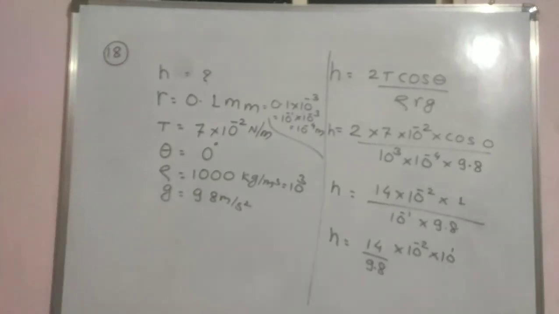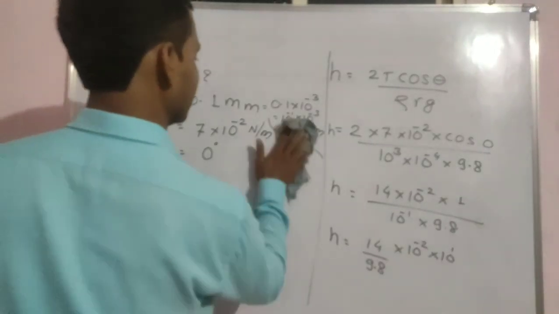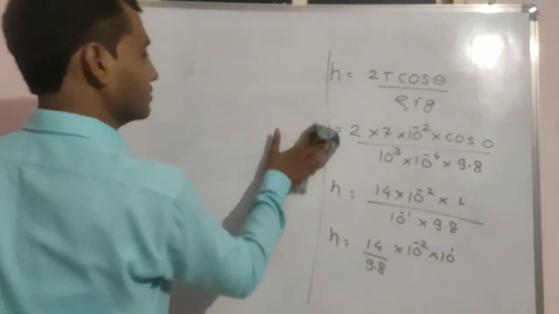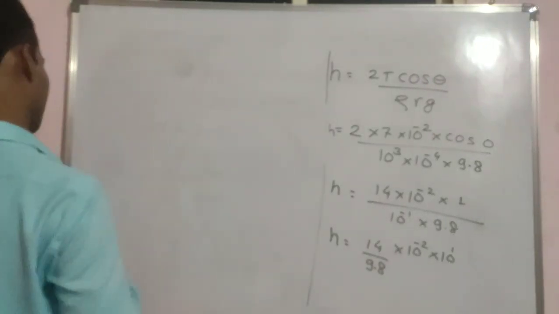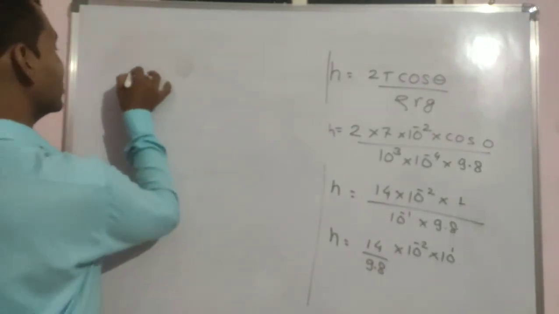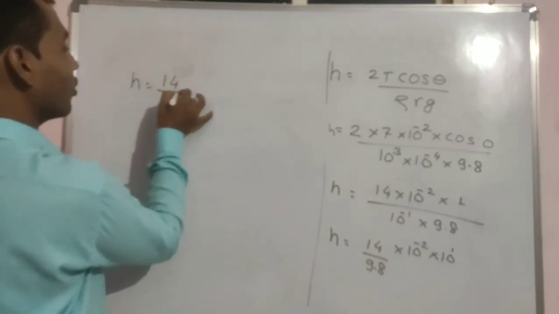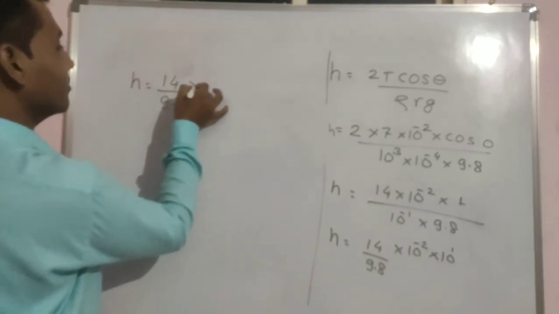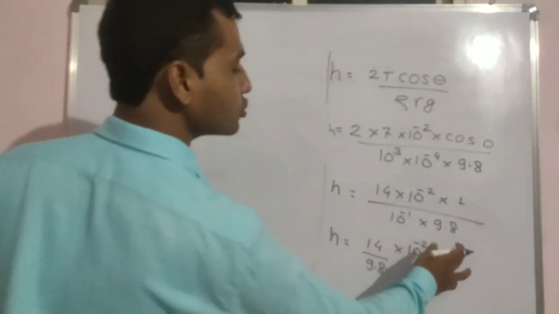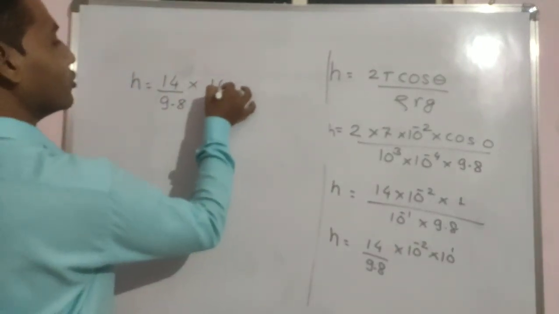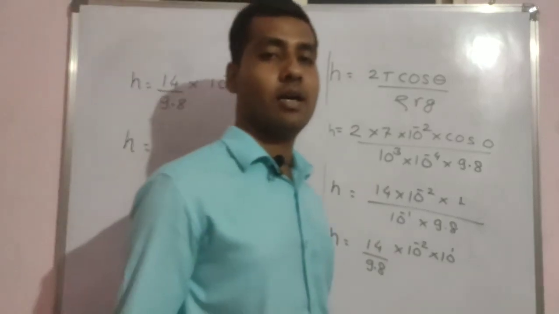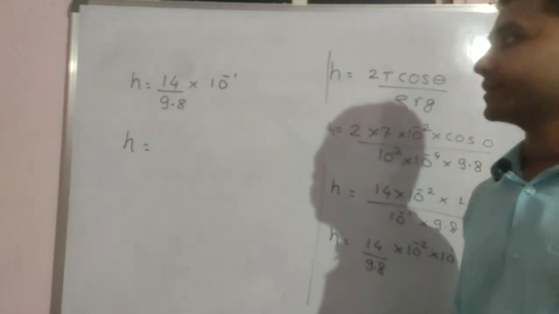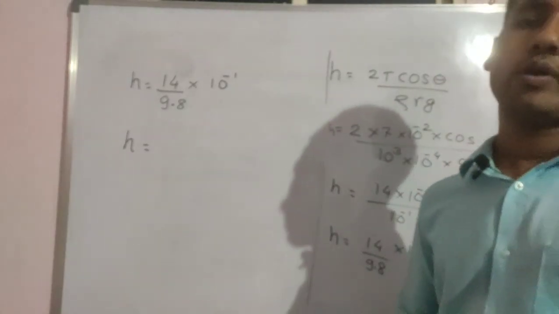So you can write h is 14 upon 9.8 into 10 to the power minus 2 plus 1, that will be 10 to the power minus 1. Now by using the log table you have to find 14 divided by 9.8.